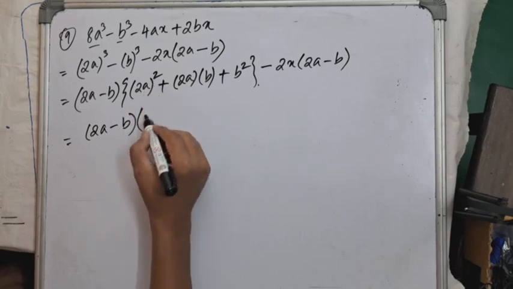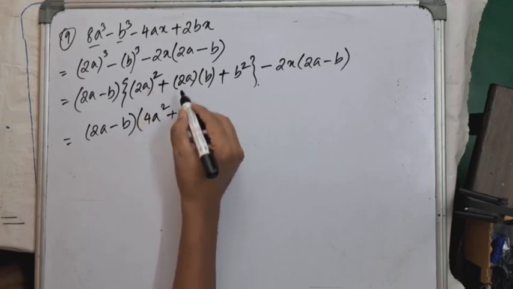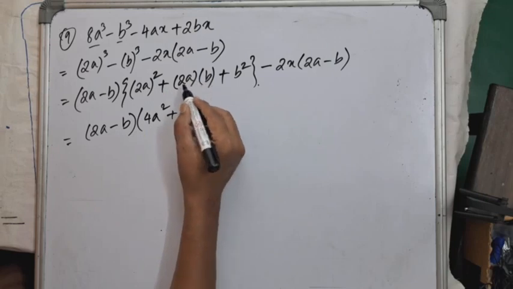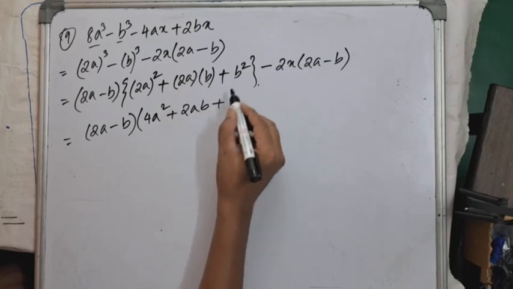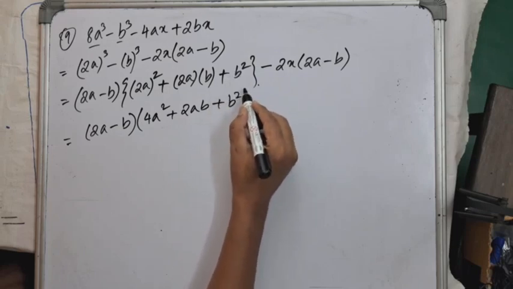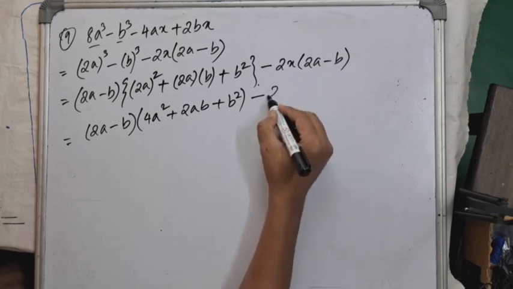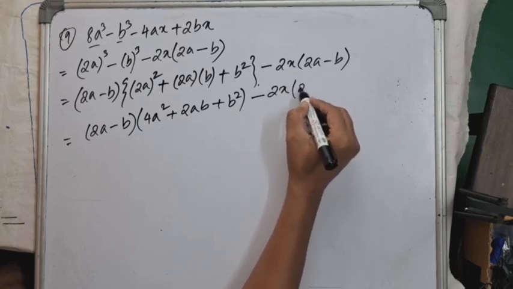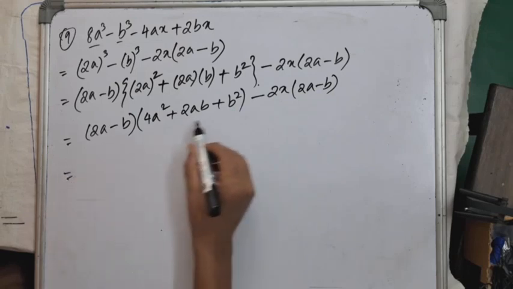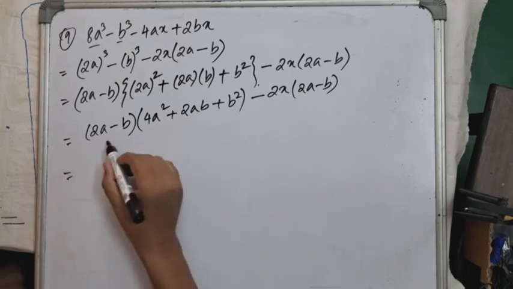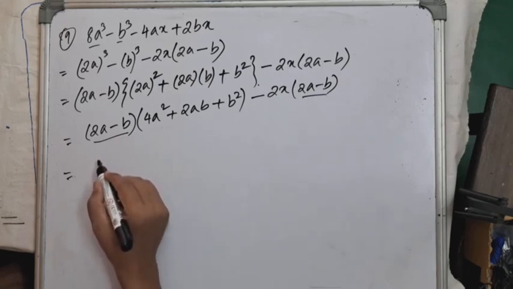So 2 squared is 4, a squared is a squared, plus 2 into a into b, 2ab, plus b squared. Okay, so minus this number we write again, 2x into 2a minus b. Now from both these terms we have 2a minus b and 2a minus b common. So let's take the common 2a minus b out.